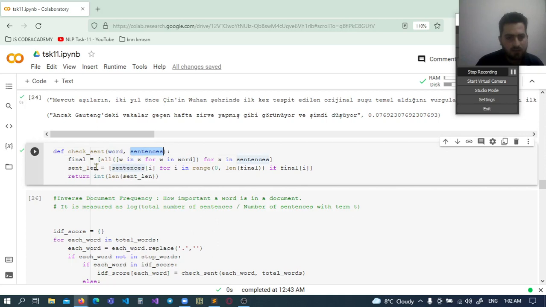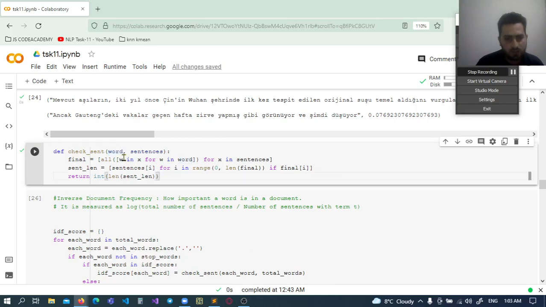This function will find the sentences that contain this word, for each sentence, and create a list of sentences that contain that word, and calculate the length of that list, which is the number of sentences that contain a particular word.